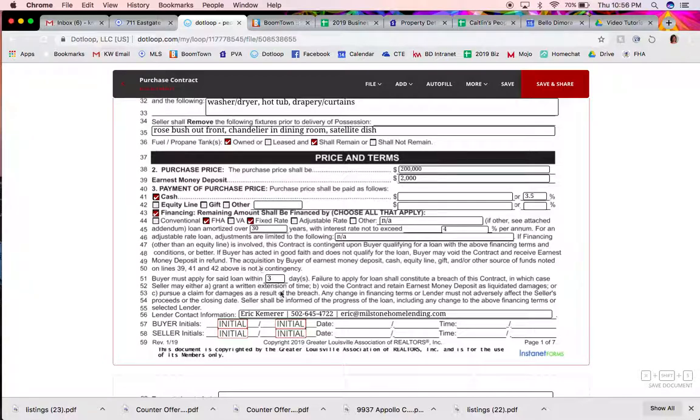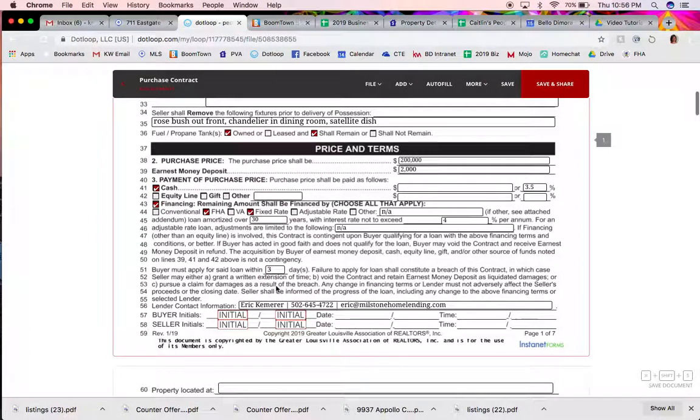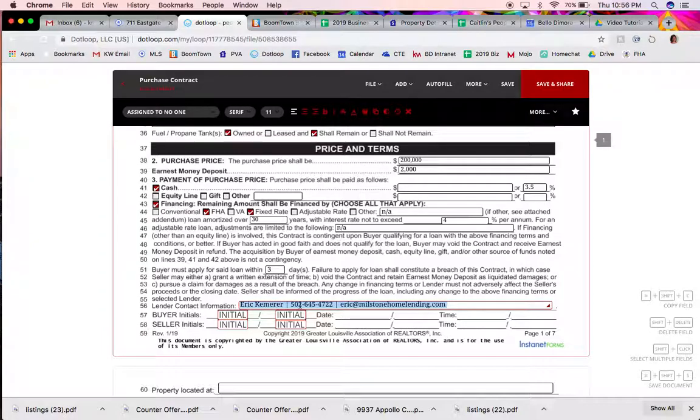So this gives them a time frame to actually get with the lender and apply for their loan officially for this particular property. And it's always a good idea to include the lender contact information here on the purchase contract, because now the listing agent knows that your buyer has taken that step, and if you are receiving an offer as the listing agent, you now have a source to contact to ask any questions you want about the buyer's ability to purchase.